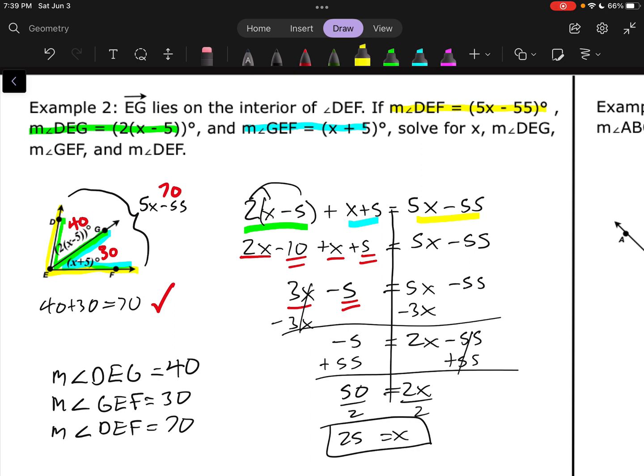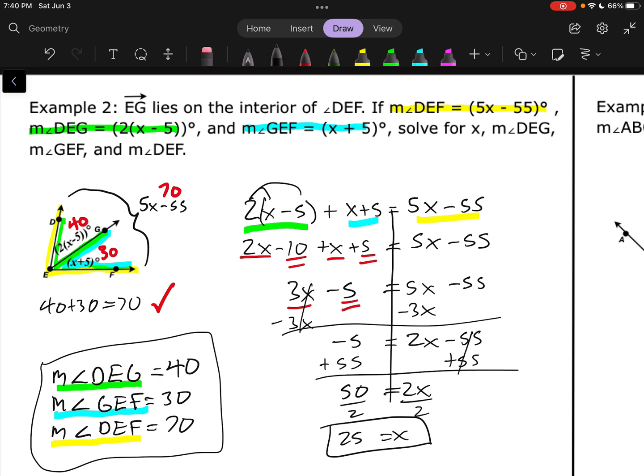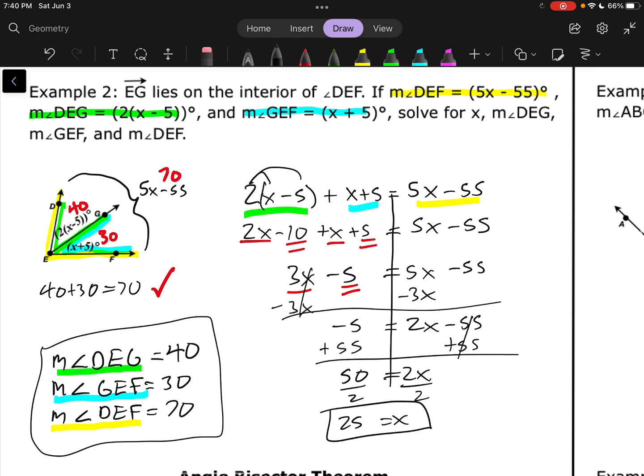I'm just going to color code that. So green angle was 40, blue angle was 30, yellow angle was 70. Okay, big problem. All right, so that was the angle addition postulate.